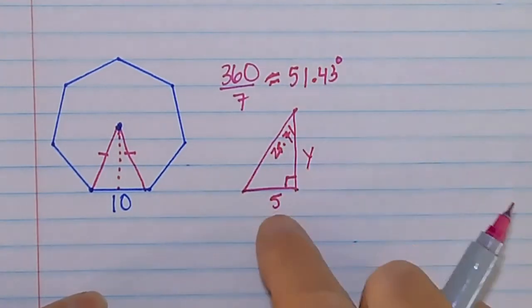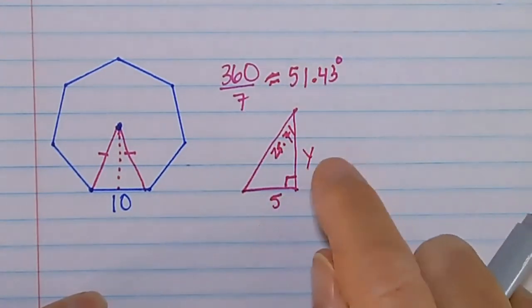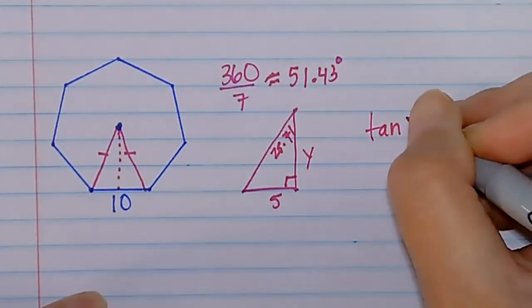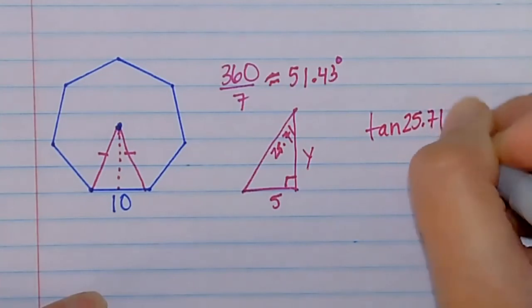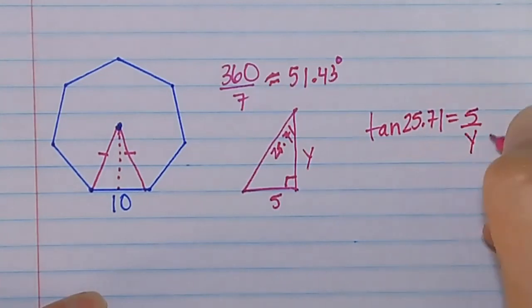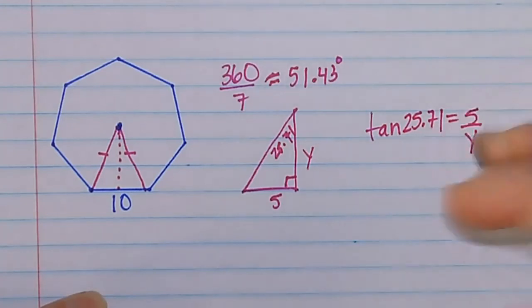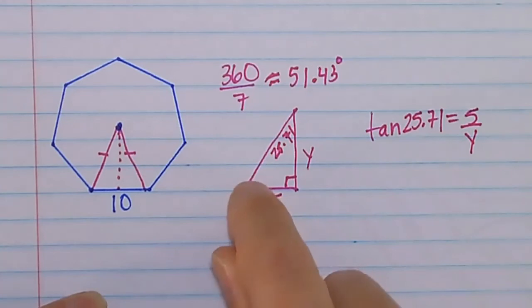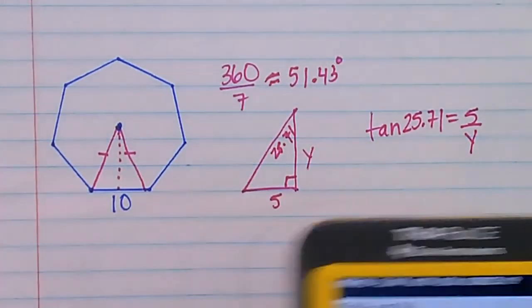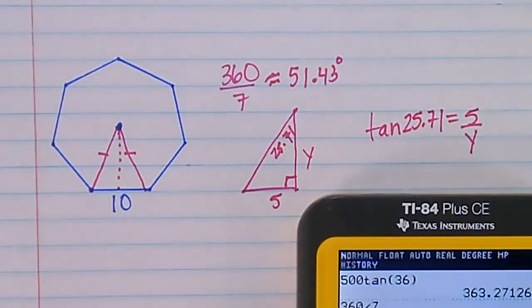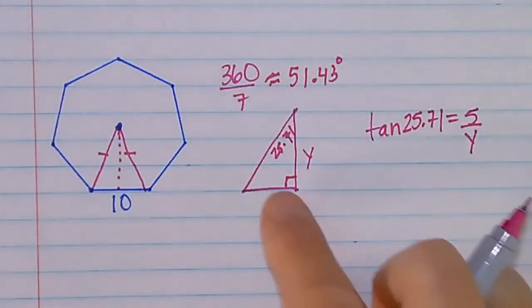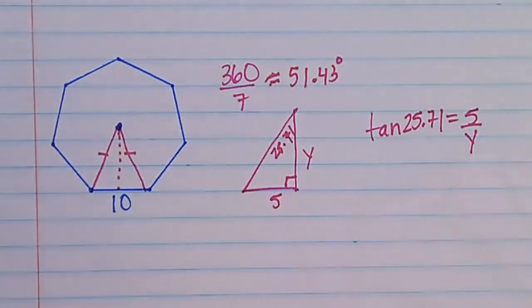I know opposite. I need to find adjacent. So I'm going to do tan of 25.71 equals 5 over y. Now, if I don't want to have my y on bottom, I can instead use this angle here, which would be 90 minus that, a 64.27, which you could use instead if you prefer.